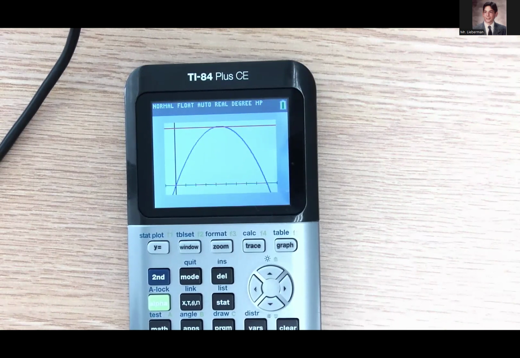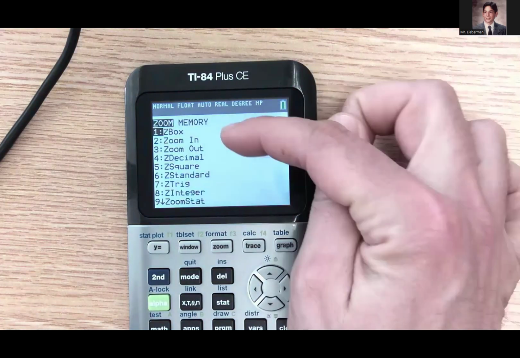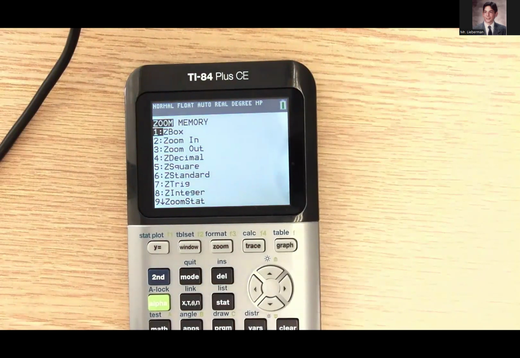Now, can I help you look at this a little bit closer? Although I want you to avoid Zoom, there is one Zoom that I love. Have I shared the Zoom with you? It's called Zoom Box. It's the very first one. What do you think that box means? You're going to make a box and it's going to zoom right into that. So I hit enter.